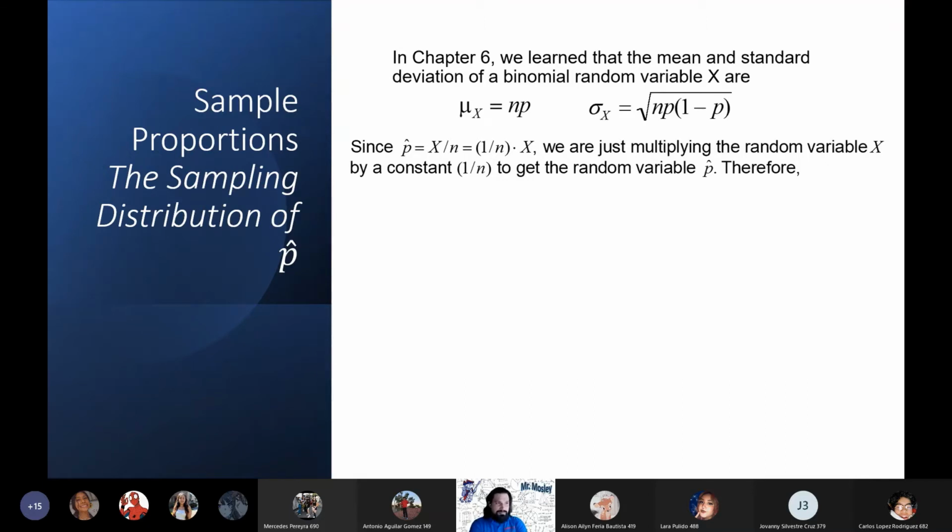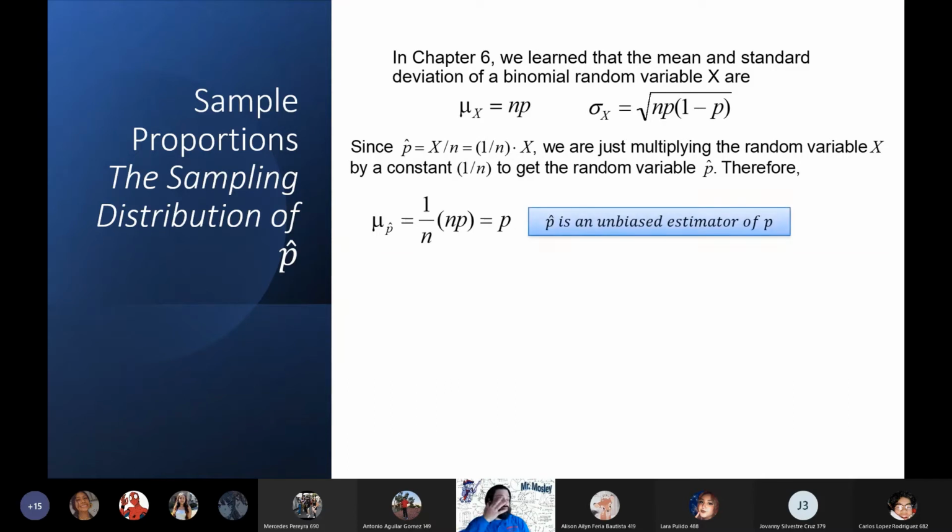Since p hat equals random variable x divided by n, which is equal to 1 over n times x, we are just multiplying the random variable x by a constant 1 over n to get the random variable p hat. Therefore, the mean of p hat is 1 over n times np, which is just equal to p. So p hat is an unbiased estimator of p.